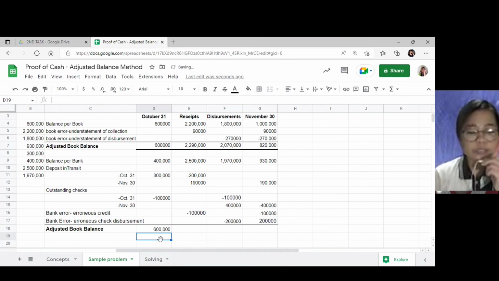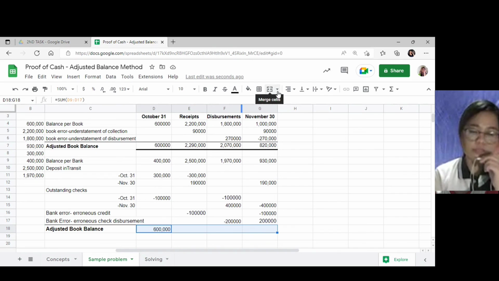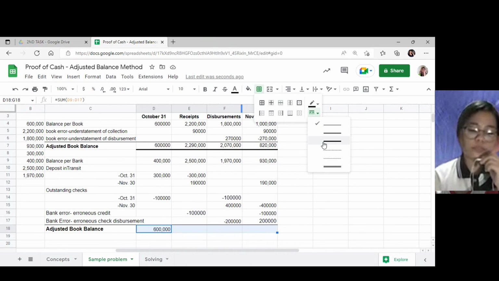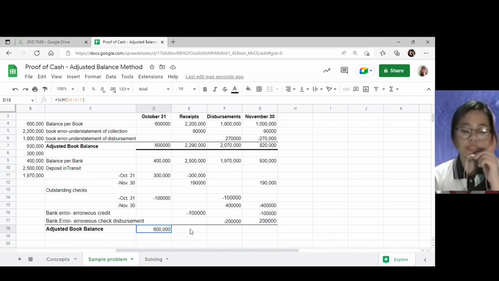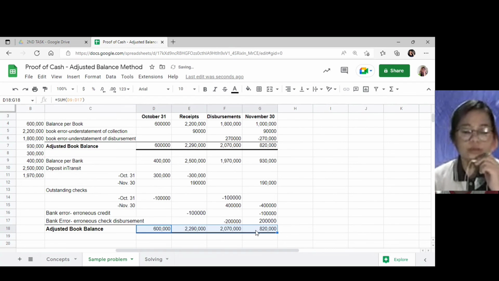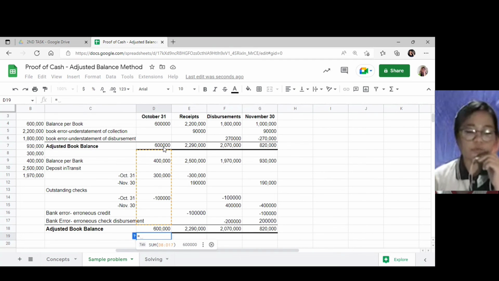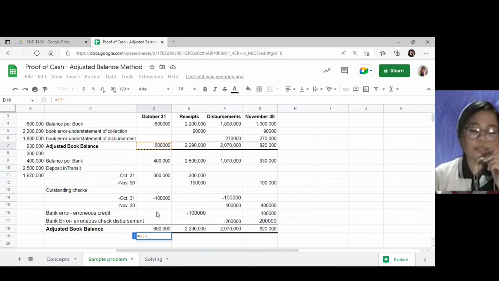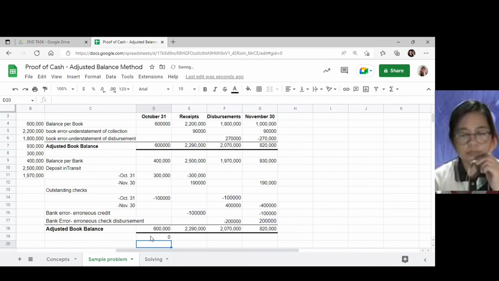Okay? So since that is your adjusted bank balance, which of course happened to be equal to the adjusted book balance, no? So for the cash received, we have also the 2,290,000, which reconcile with our cash receipts per book. And our disbursement na 2,070,000, and that is also equal to our adjusted book balance. And lastly, of course, our November 30 balance, which is 820,000.